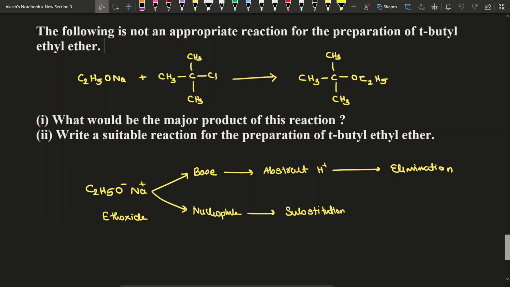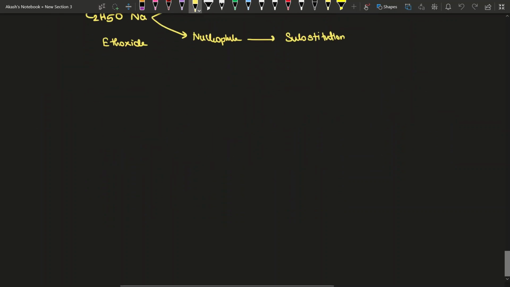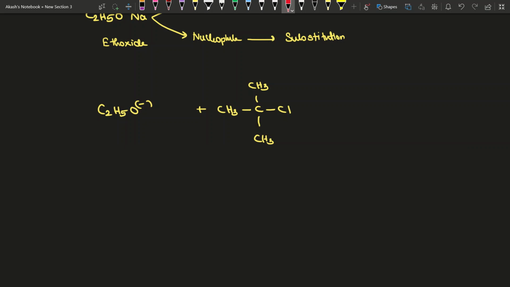So if you consider our reactant, C2H5 O minus Na plus, when it is allowed to react with tertiary butyl chloride, assume that this ethoxide molecule is acting as a nucleophile such that it can make a nucleophilic attack on this electrophilic carbon.